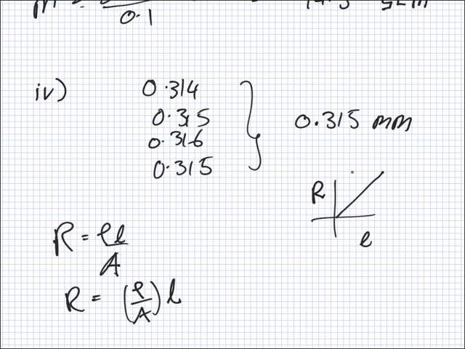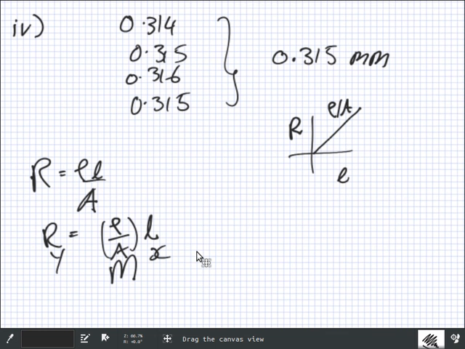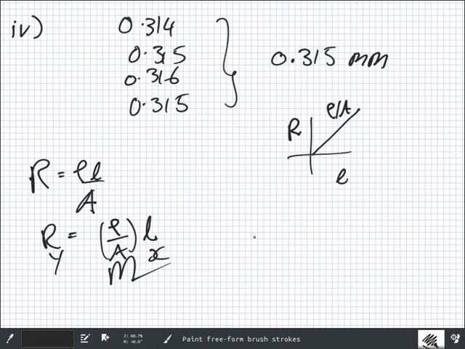It represents rho over A. Because this is on the Y and this is on the X, so this is the slope. Yeah? So, what did they want? They want the rho.